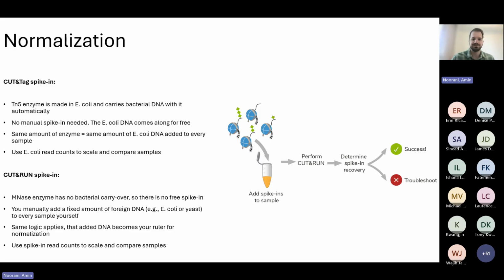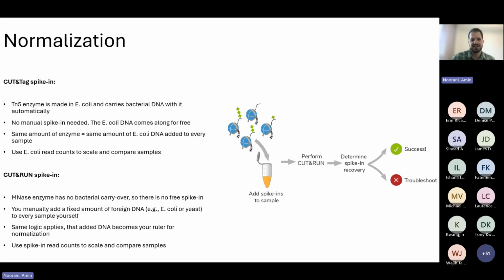So in CUT&Tag, sorry, the Tn5 enzyme is made in E. coli bacteria, and accidentally carries tiny bits of bacterial DNA.